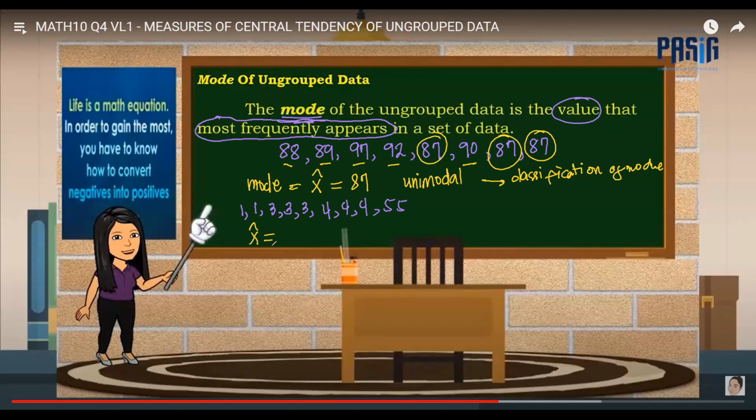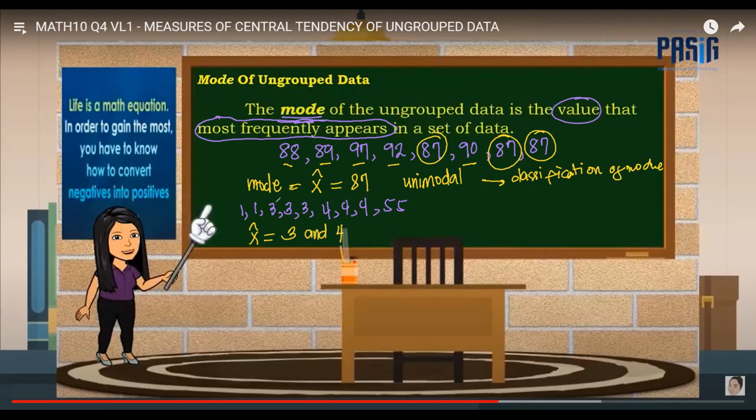Okay, so yung mode nito, ano yung mode nito? Patingin ninyo, alin dyan yung most frequently appeared data? Three po, ma'am. 3. 3 lang ba? 4. 3 and 4. Hindi lang 3, hindi lang 4, kundi 3 and 4.